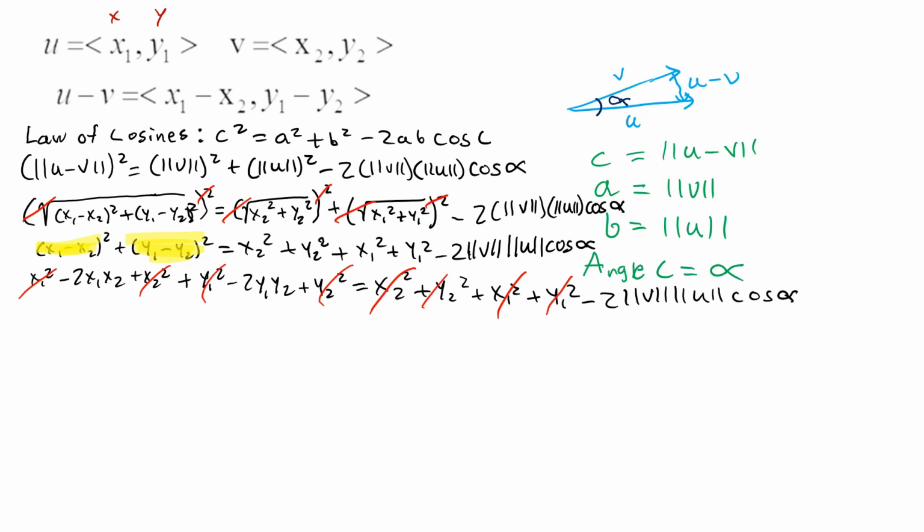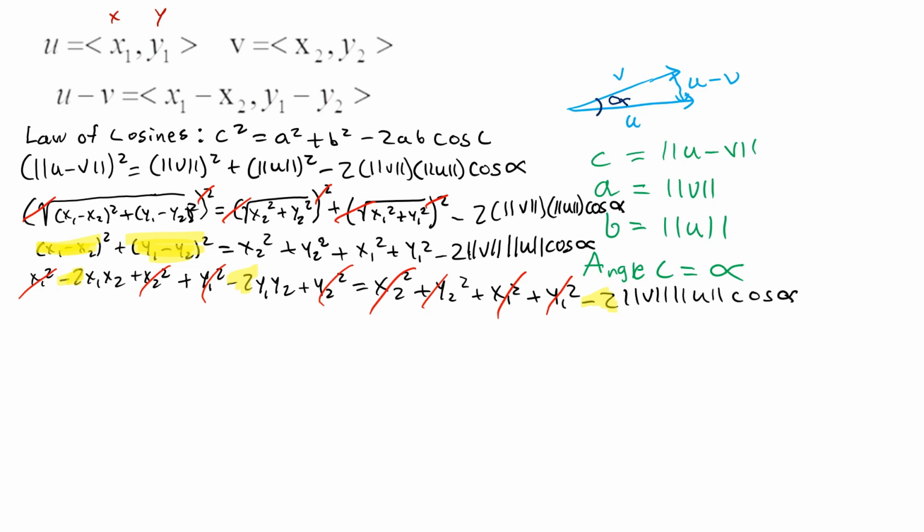So now, again, just to save some space here, we see that this is a negative 2, this is a negative 2, and this is a negative 2. So we can just cancel those out as well. Sorry about that.